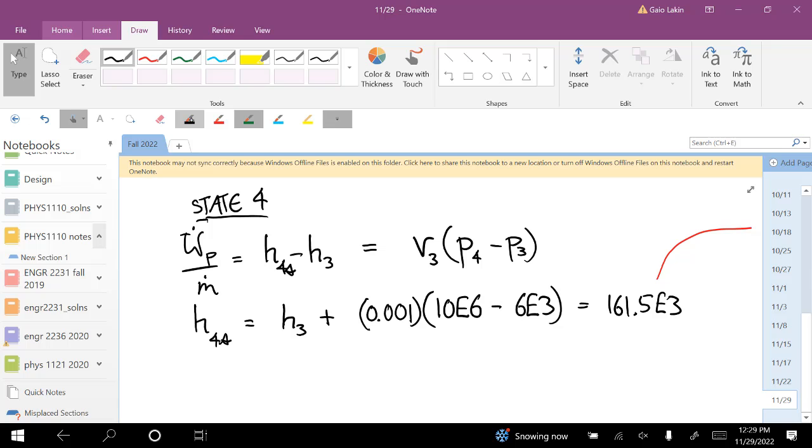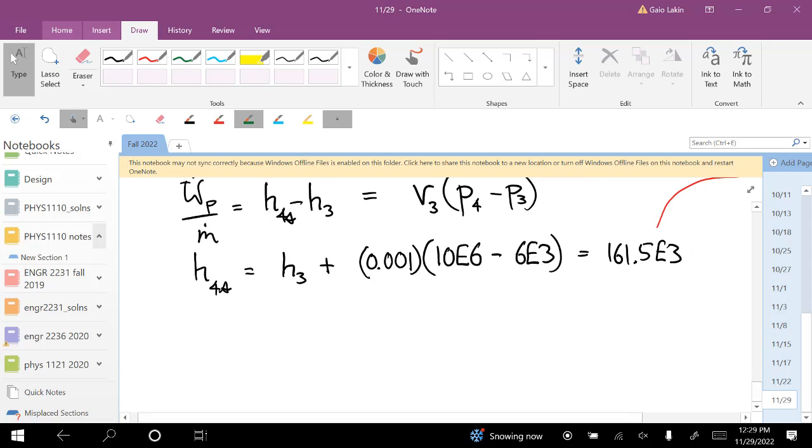These are the values assuming isentropic. So now we have to use those isentropic efficiencies to calculate the true values. Now we're going to use the isentropic efficiencies.